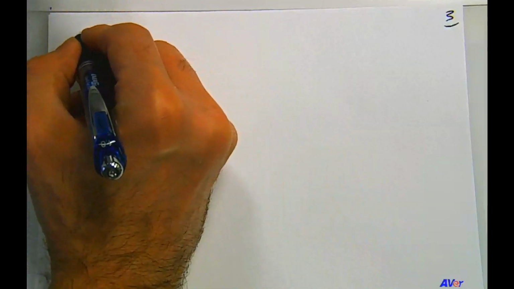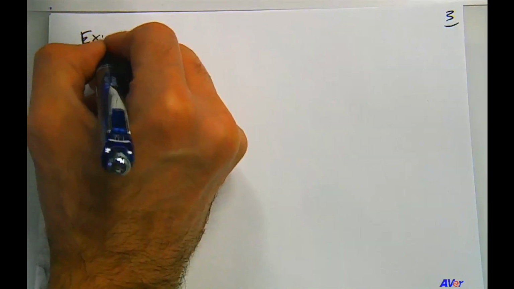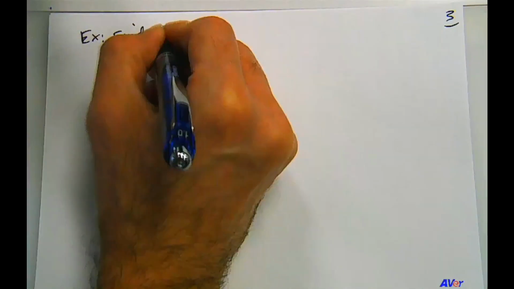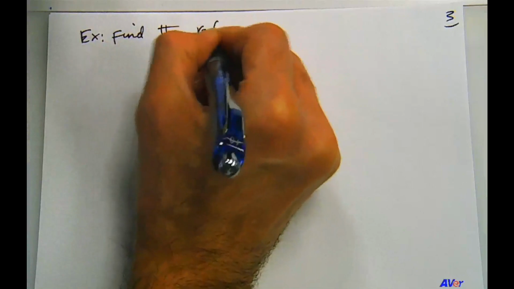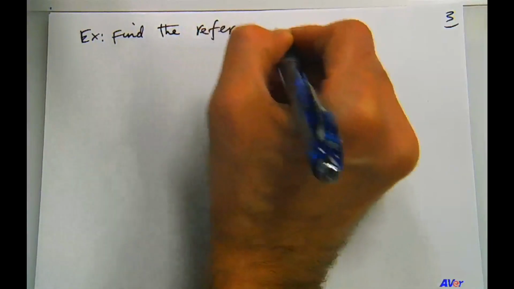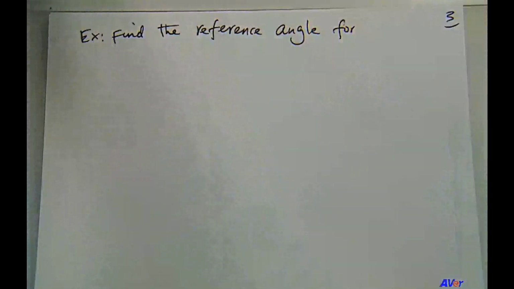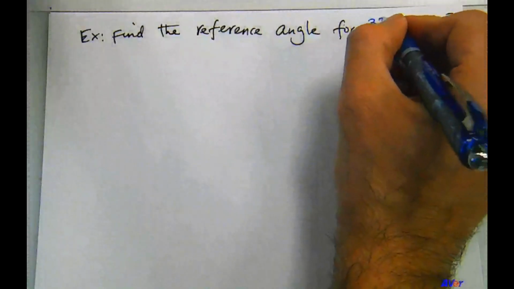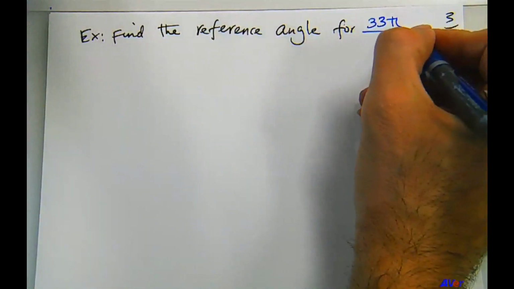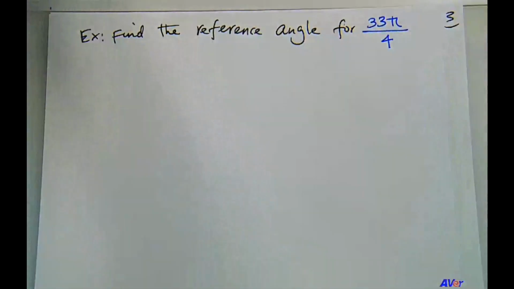Suppose we want to find the reference angle for 33 pi over 4.